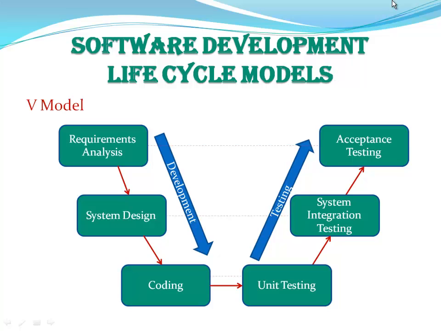On the left hand side we can see the activities of development: the requirement analysis, system design, and coding. And on the right hand side we have the testing activities. Overall it is in the shape of a V, so that's why it is called the V model.